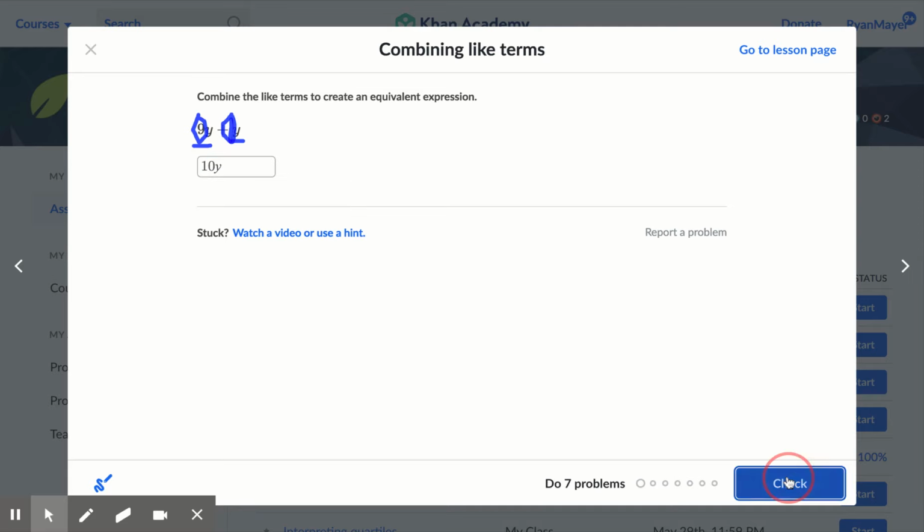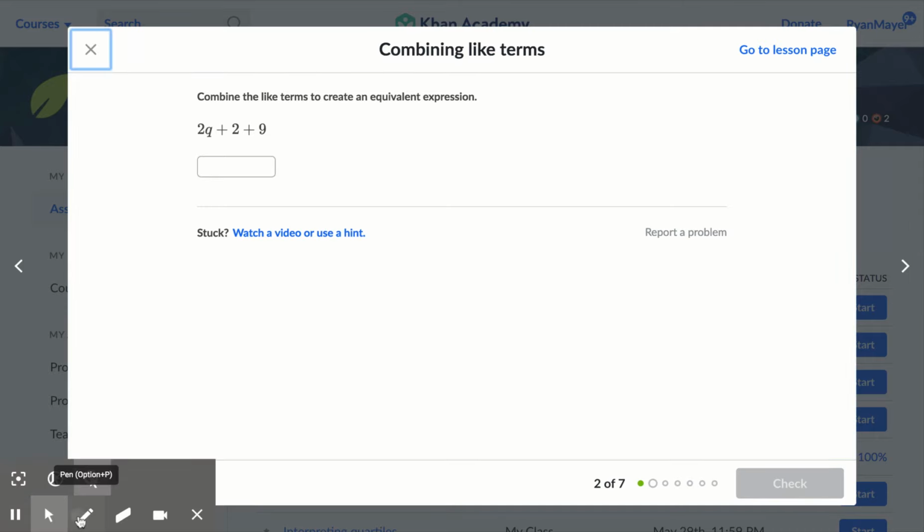We're going to start off pretty slow on this first lesson. The second lesson is going to get a little bit trickier, because you're going to be using the rules that you needed to use when adding and subtracting integers. So here, I have a coefficient with a variable, and then I have two whole numbers, two constants.